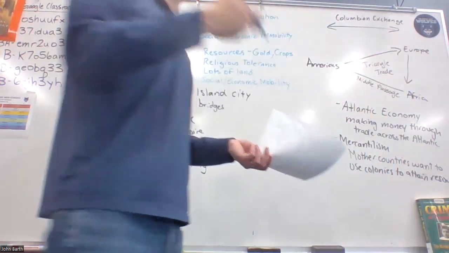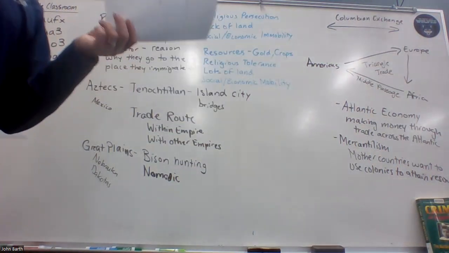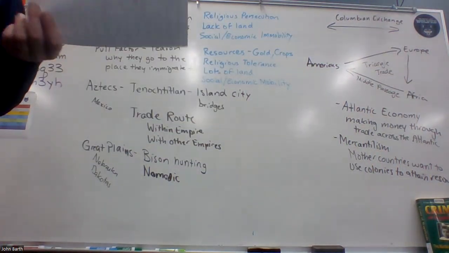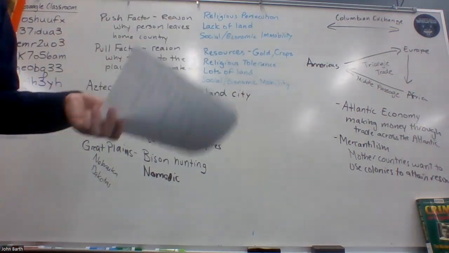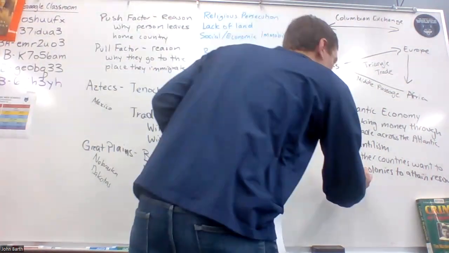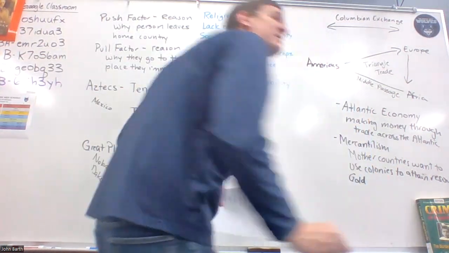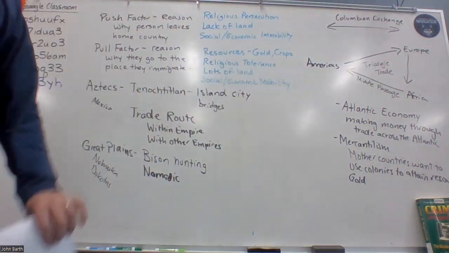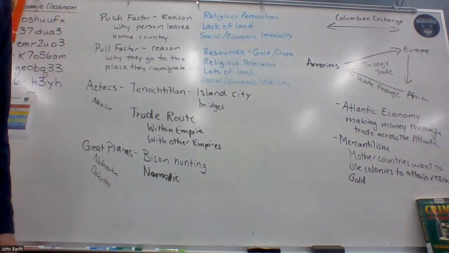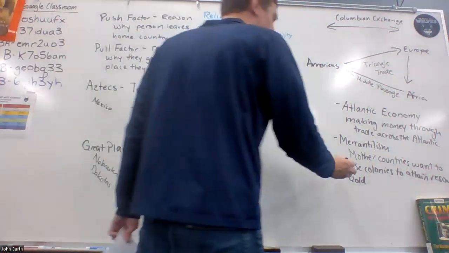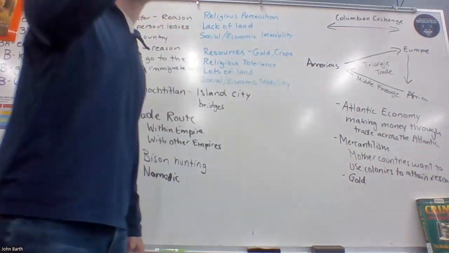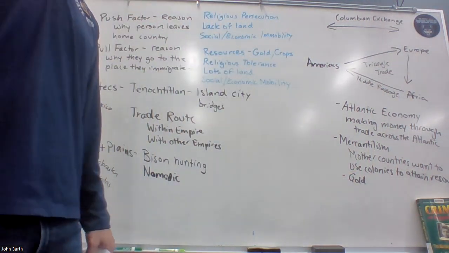They want to use the colonies to attain resources, specifically easy to make money off of resources, like gold, right? The easiest resource to make money off of because everybody wants gold. Okay? Any precious metals like that, you can find a colony that has gold in there. That's great. That's going to make you a whole bunch of money because everyone wants gold.